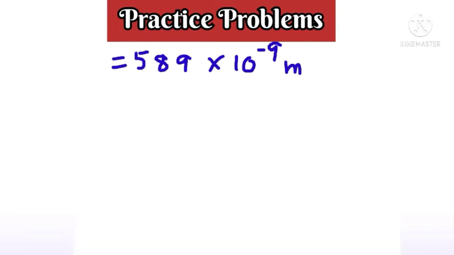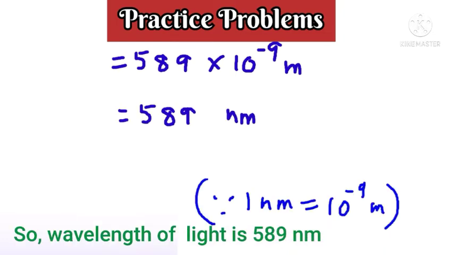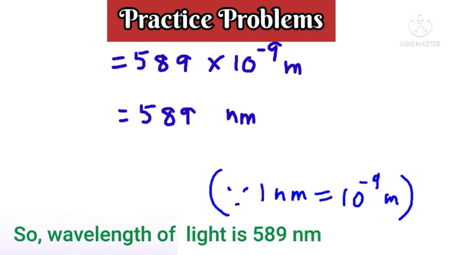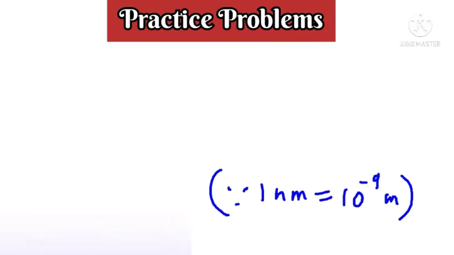We are getting the value of lambda to be 589 into 10 to the power minus 9 meter. But since in the question it has been asked to find the wavelength in nanometer, you have to convert this meter into nanometer. So on converting, we are getting the value of wavelength lambda to be 589 nanometers.